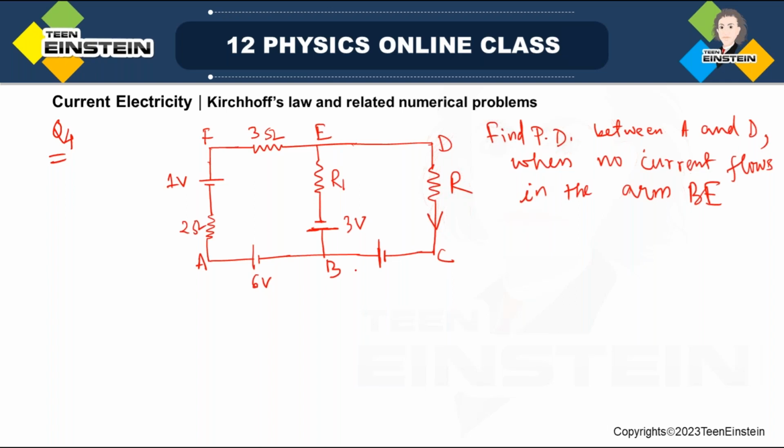Okay, I'm sorry, here there is 4 volt. This is 4 volt. Okay, so this is what we have to do. See, when there is no current through this, I can just erase this itself, because if no current is flowing through BE, then I can just ignore this. Okay, let us ignore this.